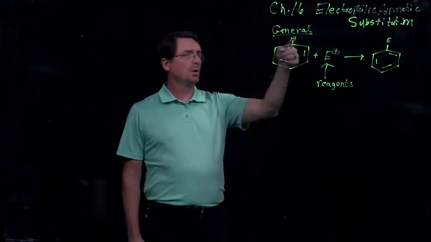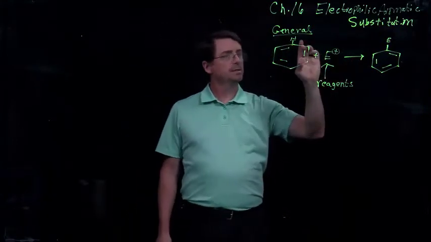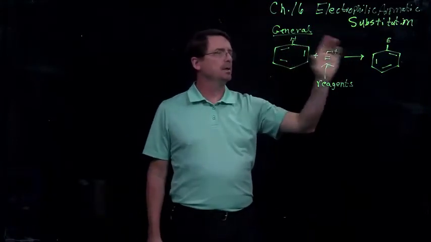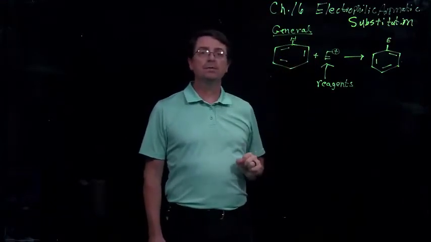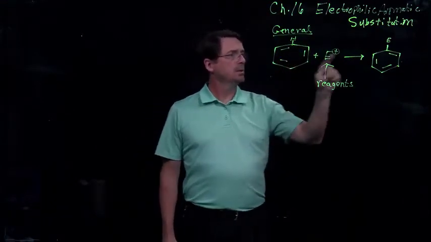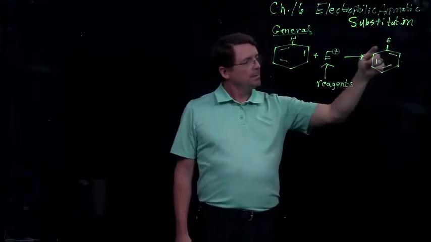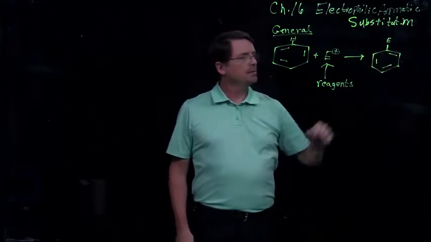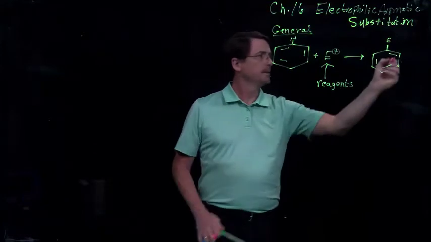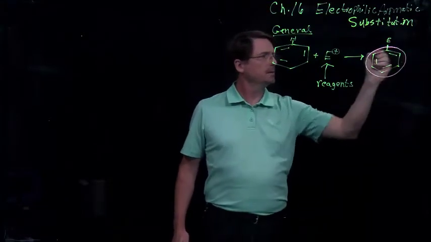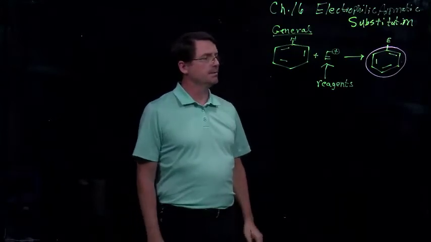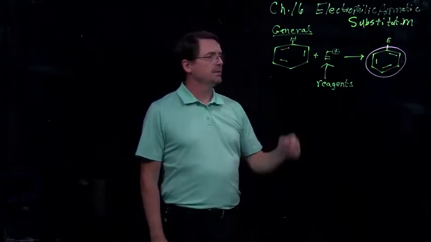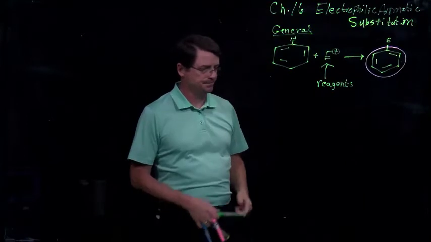And again, this is the core difference between these, what appear to be double bonds in a benzene ring, but it's really a unique functional group, this aromatic ring. And so we see substitution when we preserve the aromatic nucleus because of its enormous stability. So instead of an addition reaction, we get this substitution reaction.